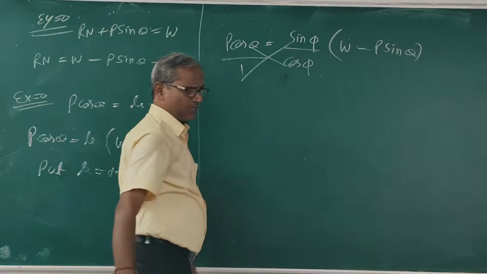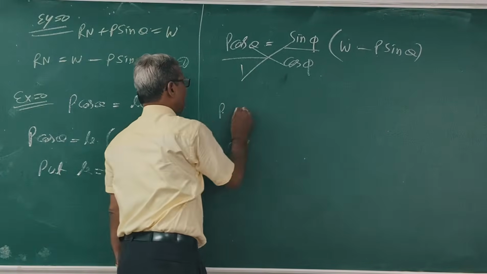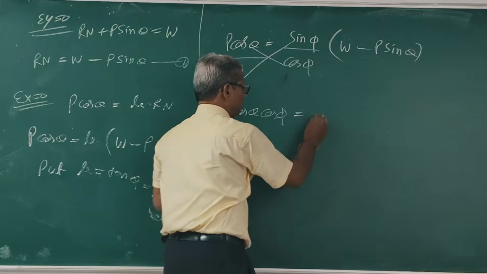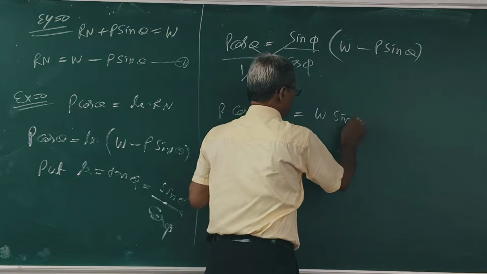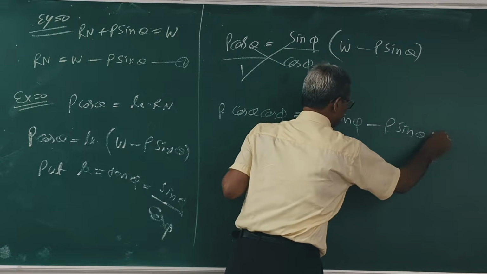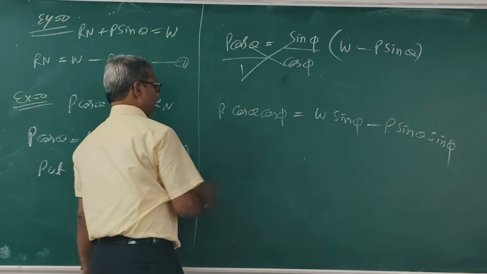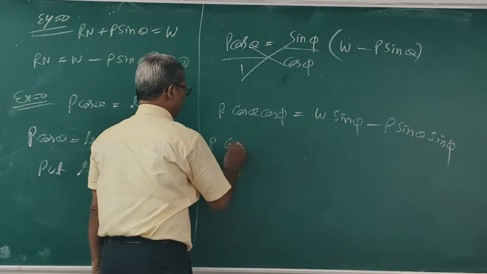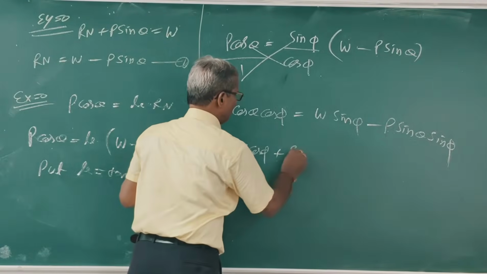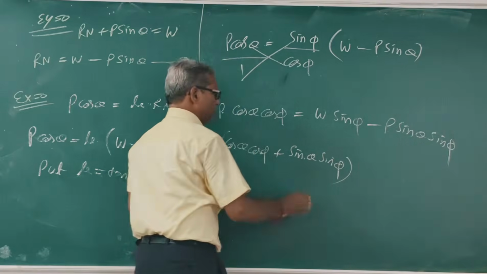So P cos theta cos phi is equal to W sin phi minus P sin theta sin phi. Bring P to this side. So P into cos theta cos phi plus sin theta sin phi is equal to W sin phi.